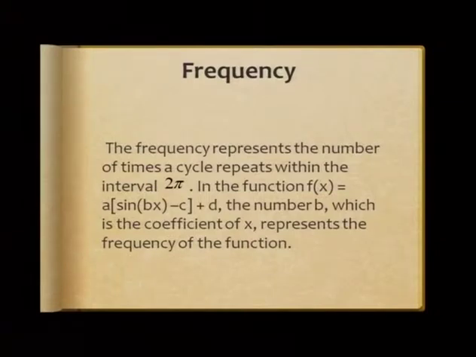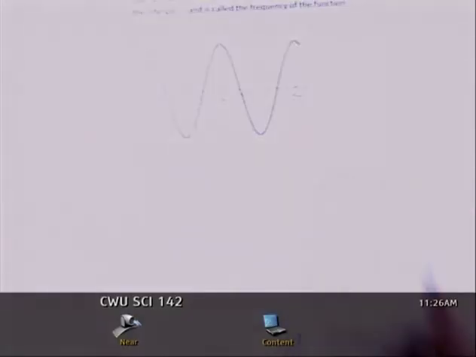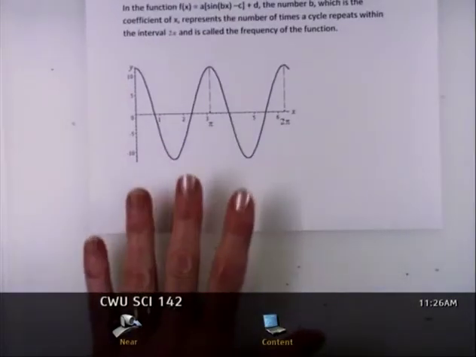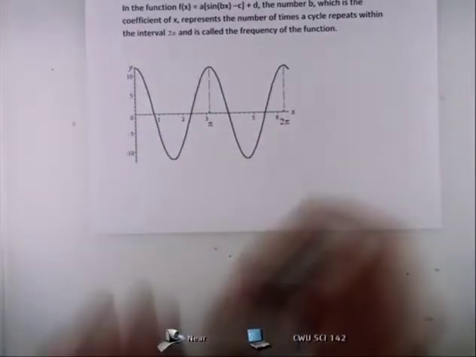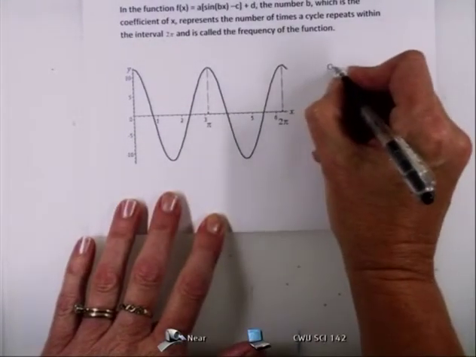So let's again take a look at a problem and see if we can determine frequency over here at the dot cam. Here's an example of a cosine function. And again, while we're here, why don't we figure out the amplitude as well? Let's do amplitude first.